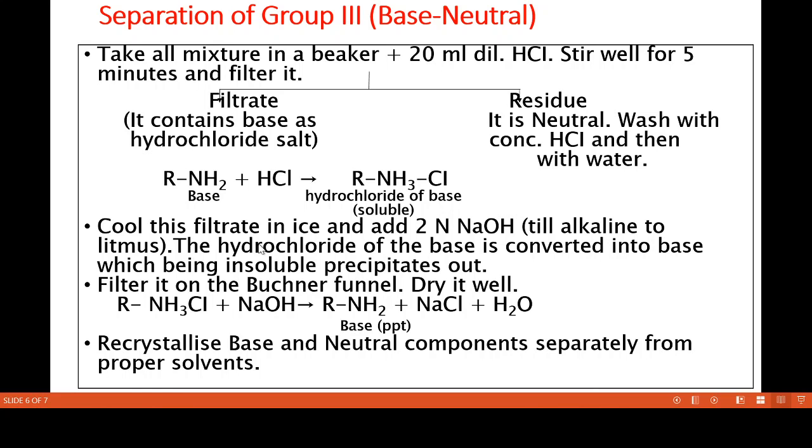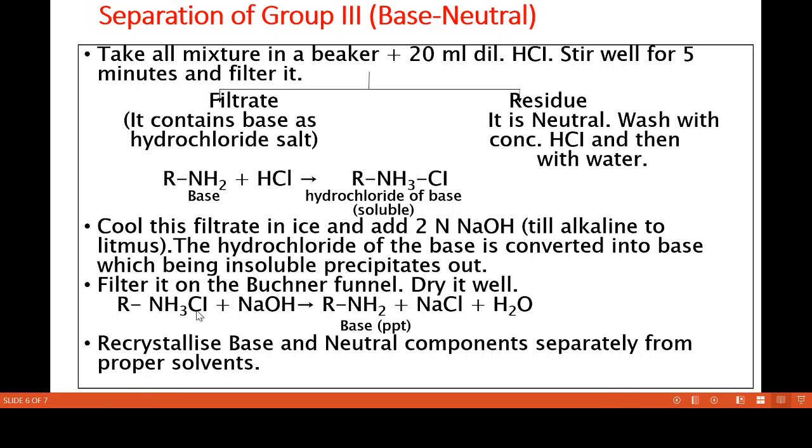This hydrochloride of the base is converted into the base which brings insoluble precipitate out. Means this hydrochloride base, when we add NaOH, then there is a formation of a base PPT.